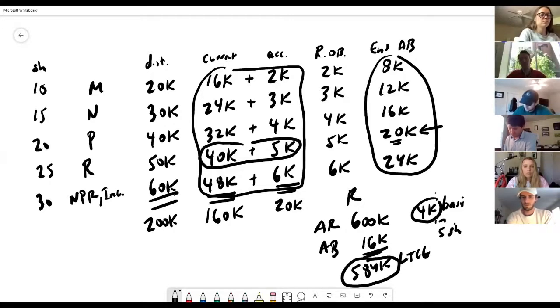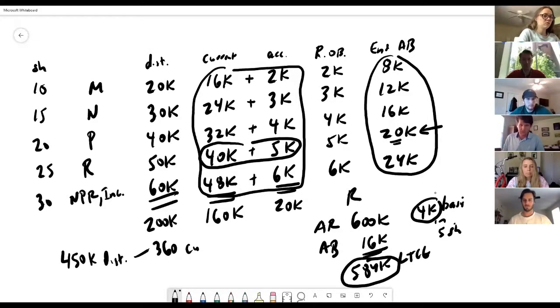For Paul, Paul's receiving a $450,000 distribution. 80% is a dividend out of current E&P. The remaining 90 is going to reduce his basis. So 16 will be tax-free reduction of basis.